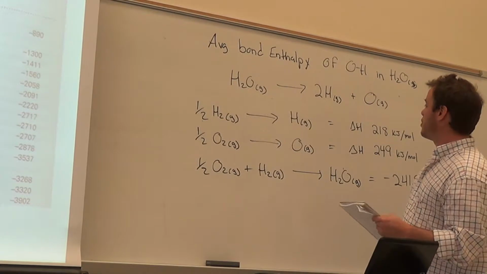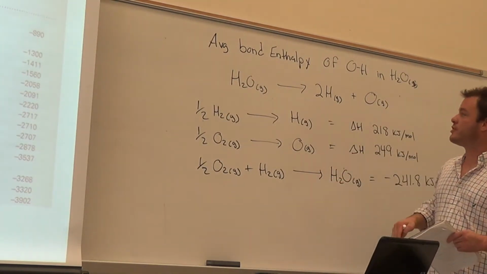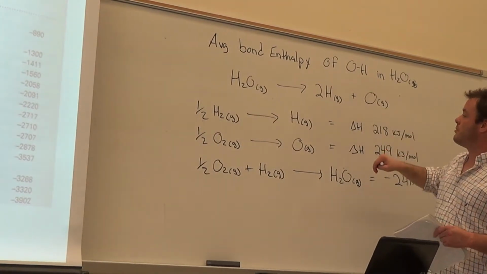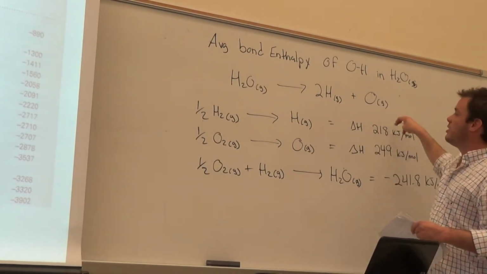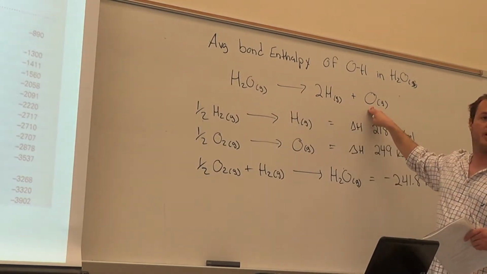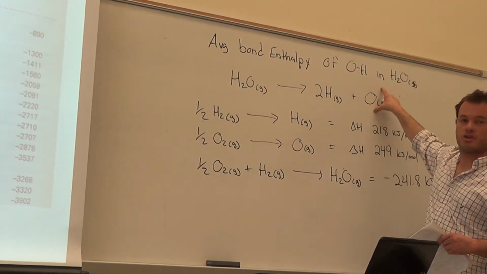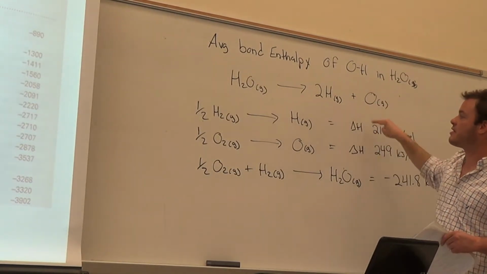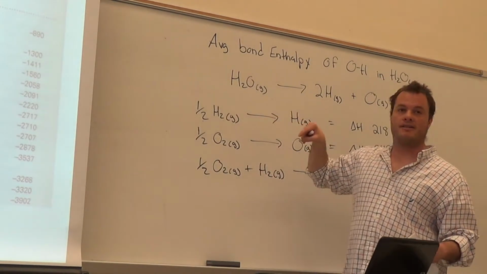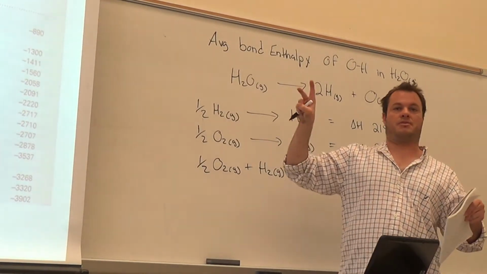So your job is going to be to take these three equations and sum them together to form this equation. Tell me what the enthalpy change is associated with that. And then you're going to need to know that the total enthalpy change associated with this process can be thought of as the enthalpy associated with taking a hydrogen and breaking it off of an oxygen 2 times.